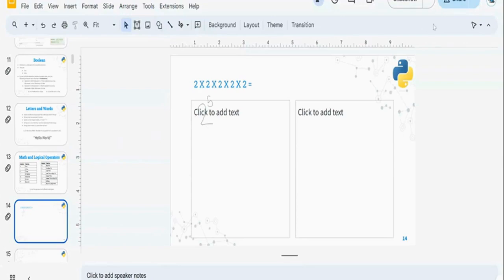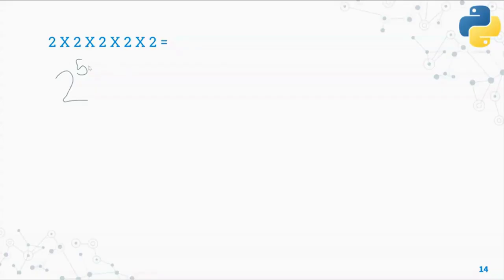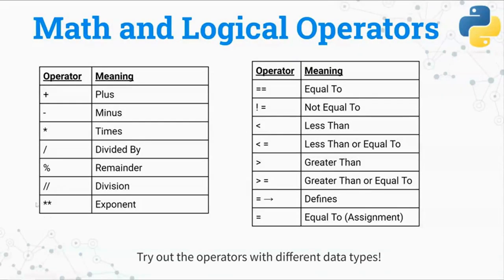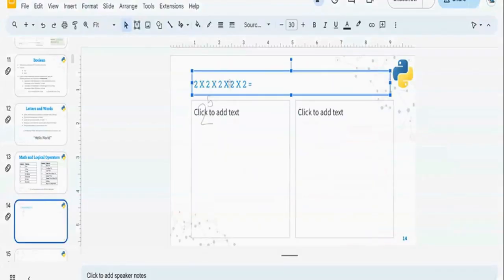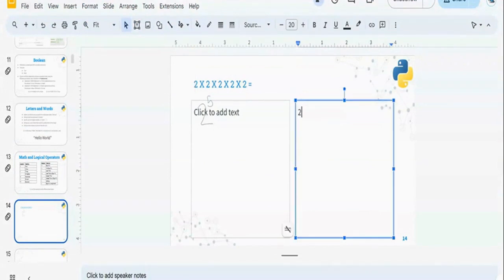So instead of doing this thing where we write 5 as like a smaller number above 2, in Python we use these two asterisks. So if we were to write this in Python, this exact same thing, for the 2 times 2 times 2 times 2 times 2 thing, we would write 2 asterisk 2 asterisk 2 asterisk 2 asterisk 2, like that.